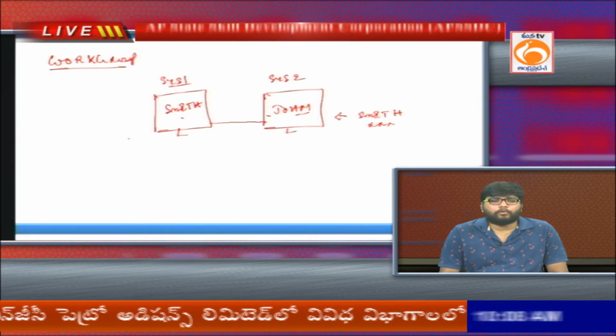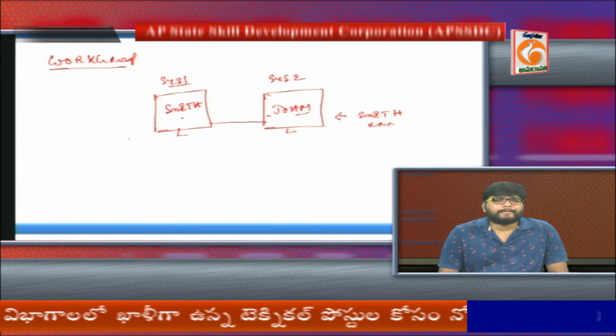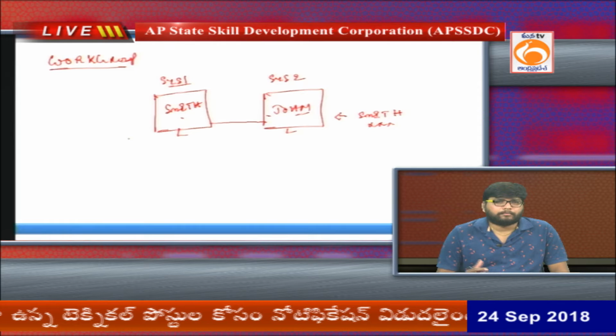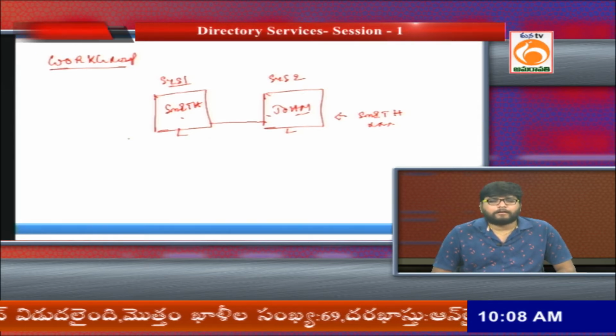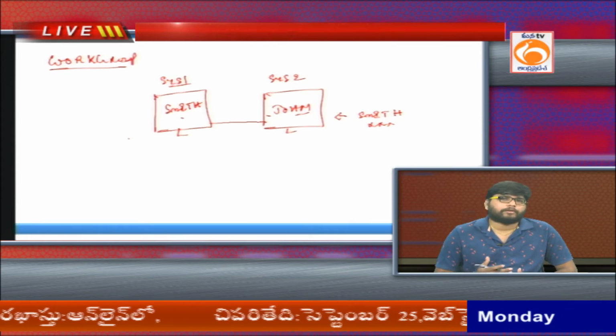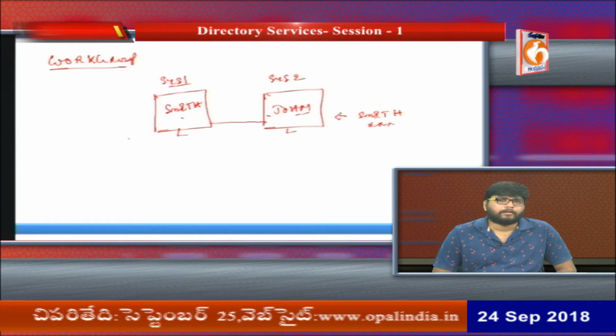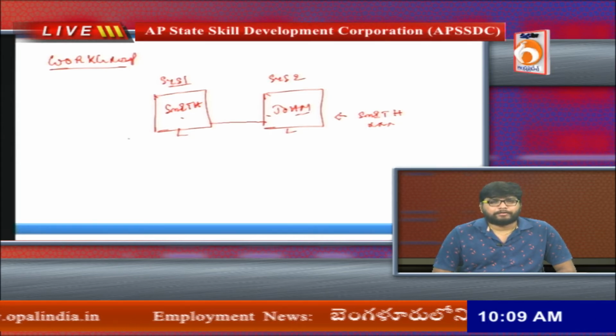Now, what is the workgroup model? How do you define it? A workgroup is a collection of computers, a bunch of computers connected together, where you can share resources from one computer to another. But every computer has a separate database.